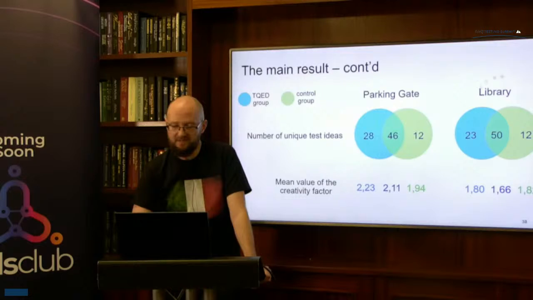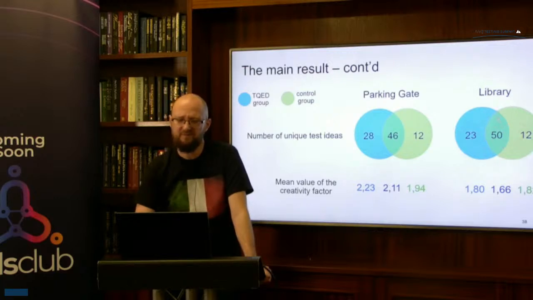In case of the library, the TQED group came up with 23 unique ideas, the control group with 12, and there were 50 common ideas which occurred in both groups. And the mean value of this creativity factor is shown here. So here, again, it's greater for TQED than for the control group. Here, it's more or less equal, let's say.